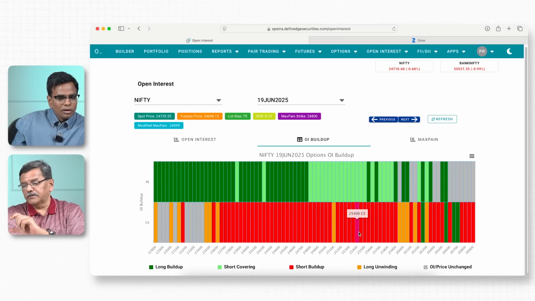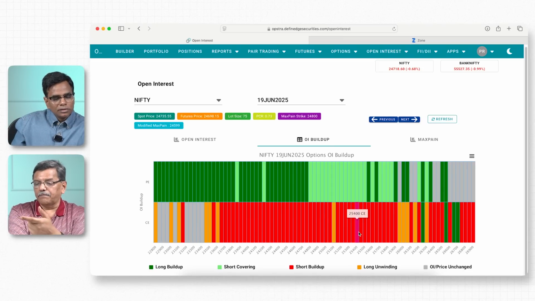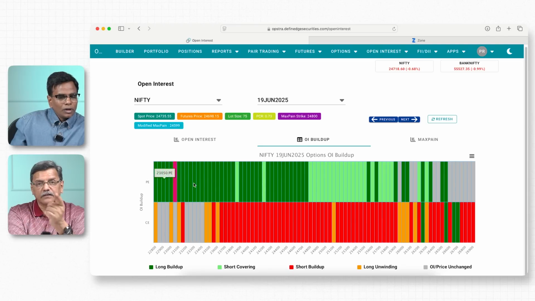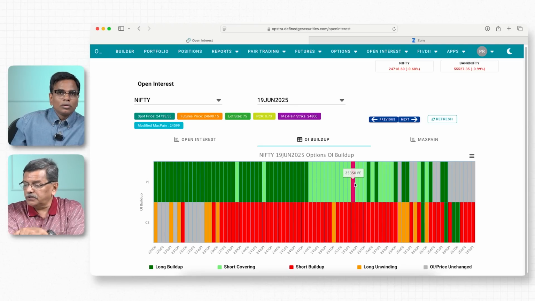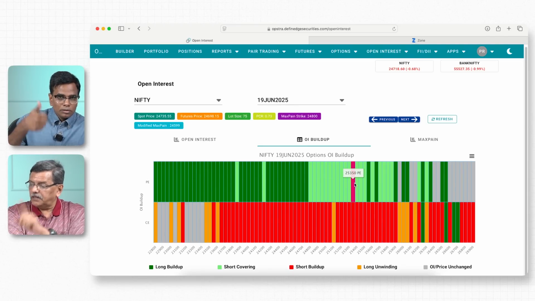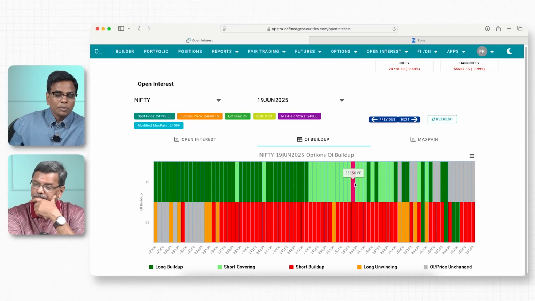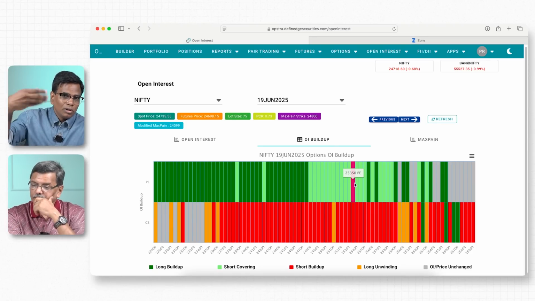The lower pane, which is red, is the calls, and the upper pane, which is green, is the puts. It shows there is long build-up as well as short covering in the put options, which is bullish for the puts and bearish for the market. At the same time, the call options had a bearish outlook, which is exactly what has happened. And also bearish for the market.